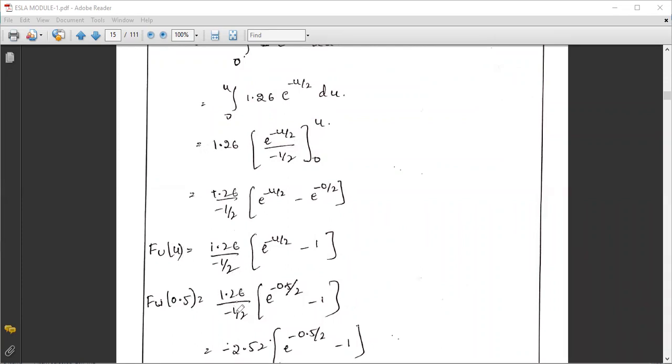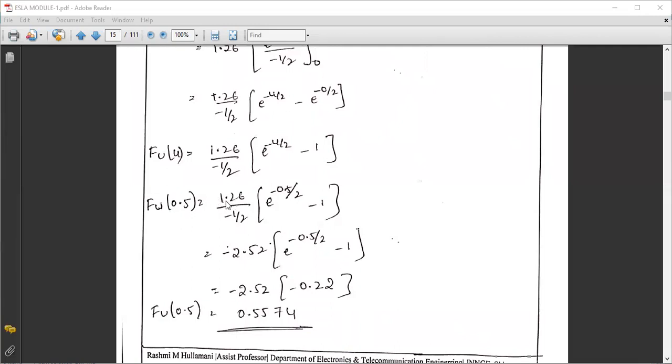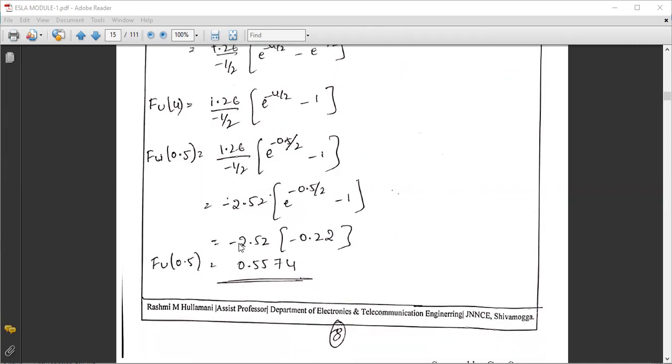We get 1.26 into minus 2 gives minus 2.52, times e power minus 0.5 by 2 minus 1, which is minus 2.52 into minus 0.22. Minus into minus gives plus, and multiplying these two, we get f_U(0.5) as 0.5574.